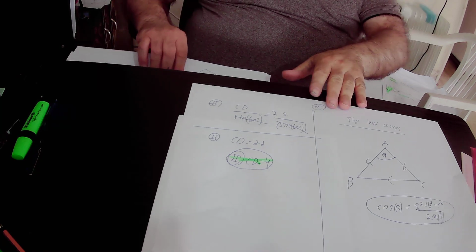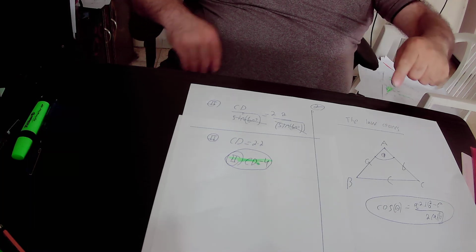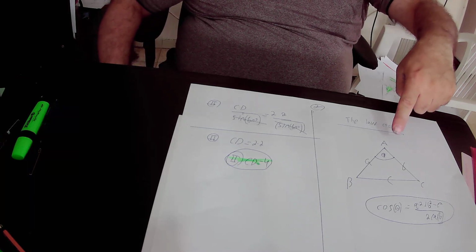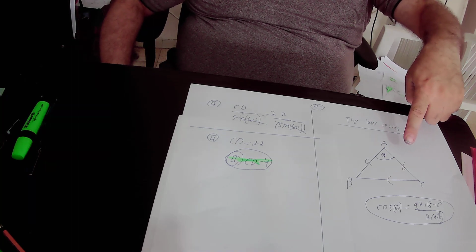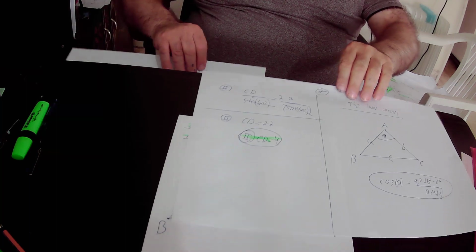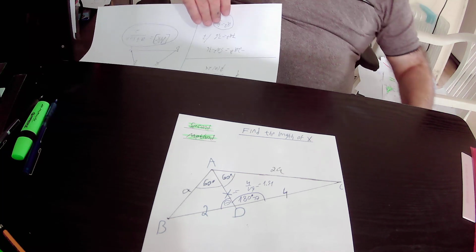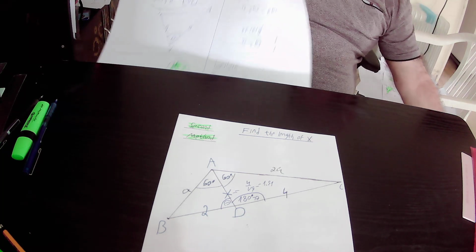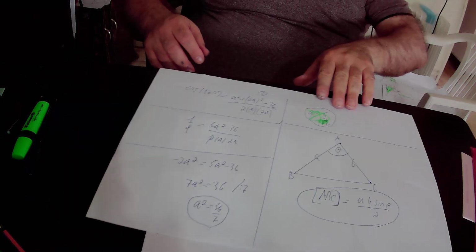Then I presented to you the law of cosines. In any triangle, cosine theta equals a squared plus b squared minus c squared over 2 times ab. We applied the law of cosines in triangle ABC, so I copied the triangle ABC onto a new page.